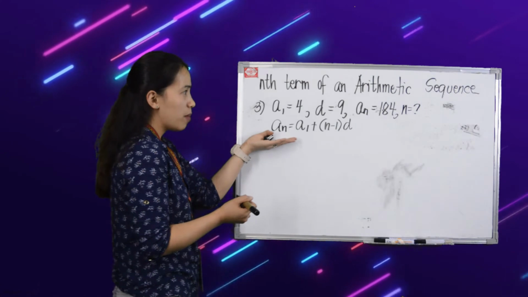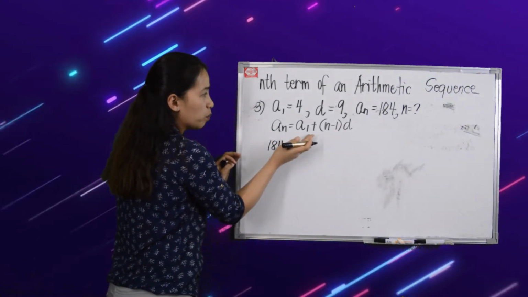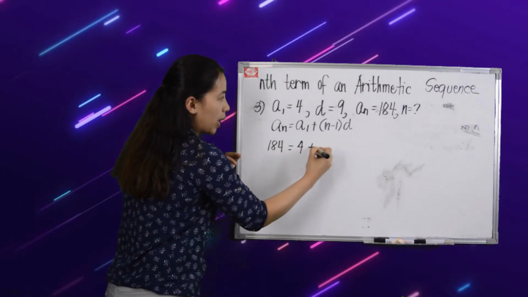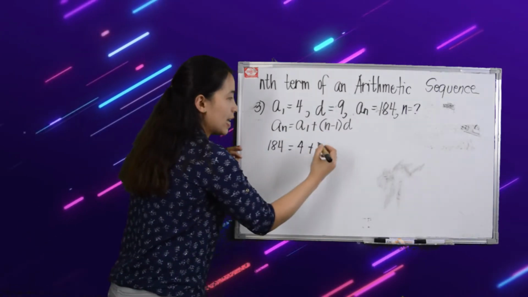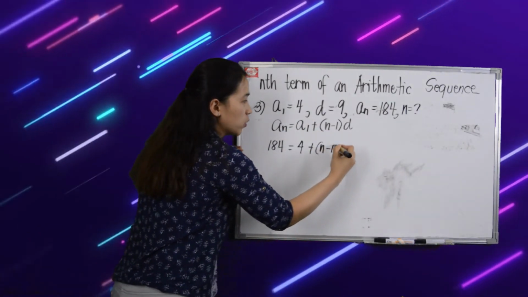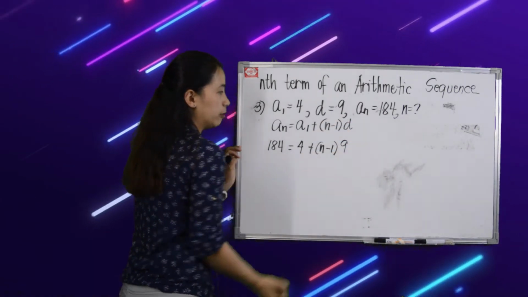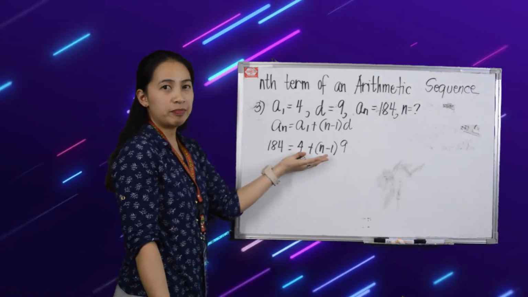What is our a sub n? 184 is equal to a sub 1, which will be replaced with 4, plus, what is our n? Unknown, so as is. n minus 1 times, what is the common difference? It's 9.